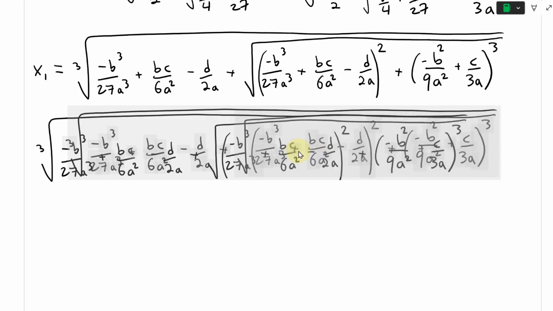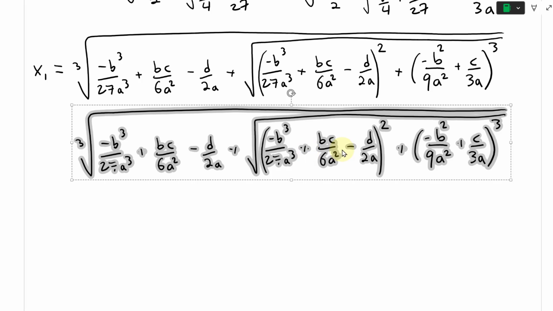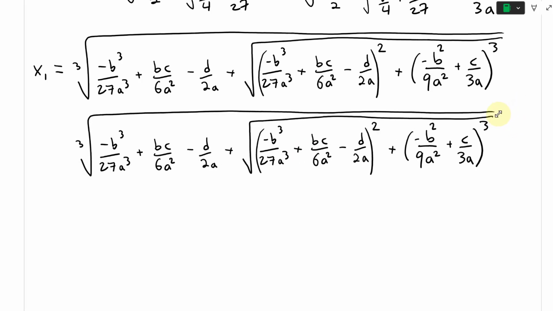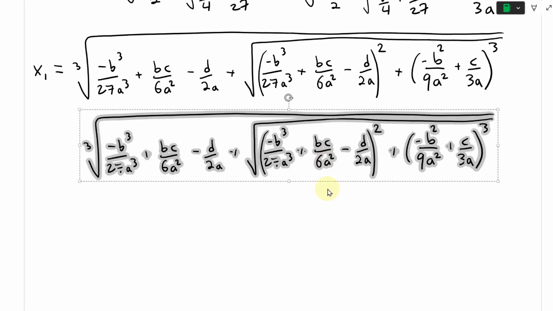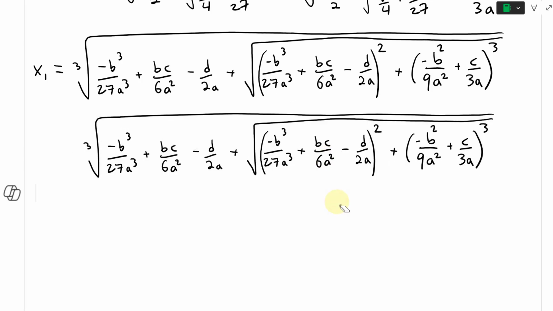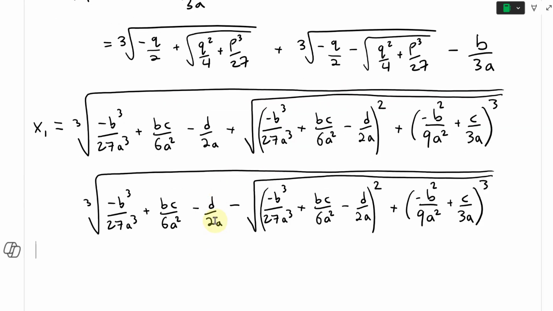This is absolutely impossible to put all in order. Okay, so now we have this. What I'll do is shrink this a tiny bit. Move this over. And this becomes a minus. That's the only thing different. This is exactly the same thing. There's a cube root, negative q over 2, etc. And then the only thing is this plus becomes a minus. And then we have this negative b over 3a. And this becomes a plus, like that.